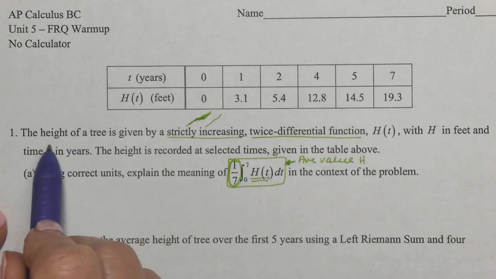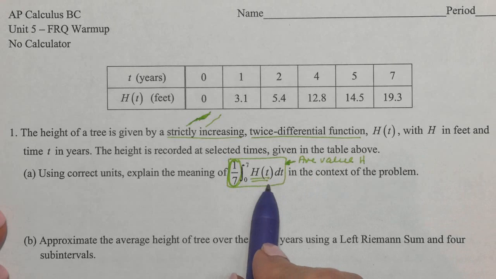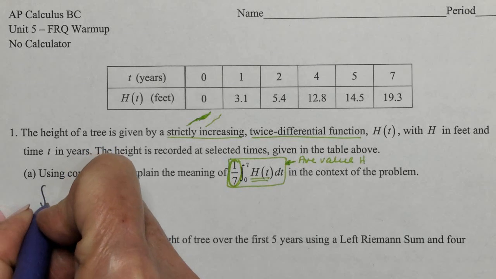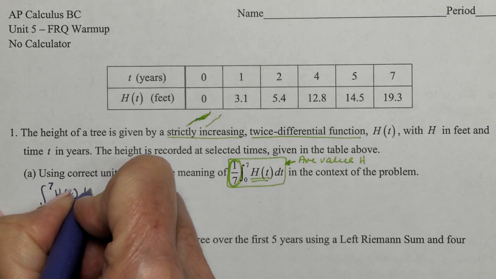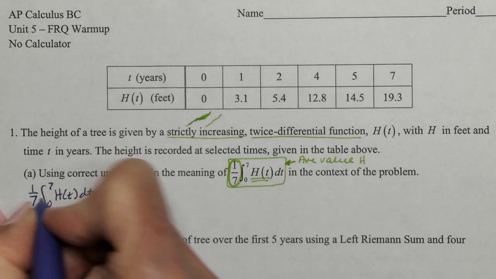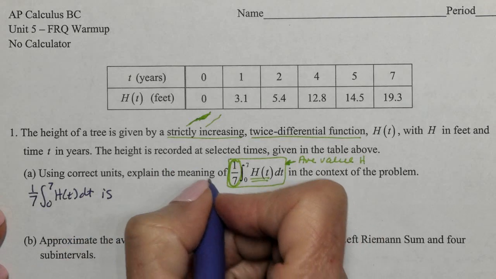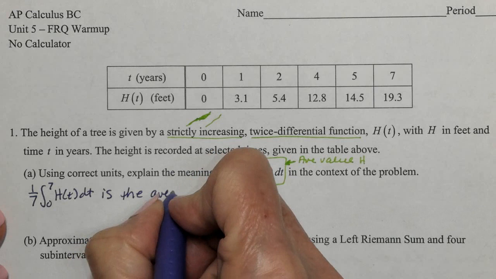So h is the height of the tree. So this is the average height of the tree. So I'm going to write it like this. The integral from 0 to 7 of h of t multiplied by 1 over 7 is, or gives, the average height of the tree.